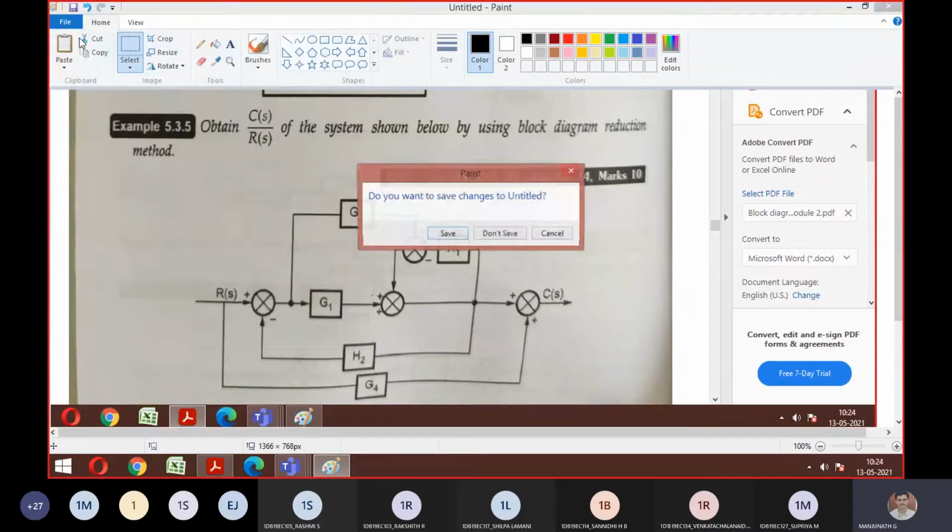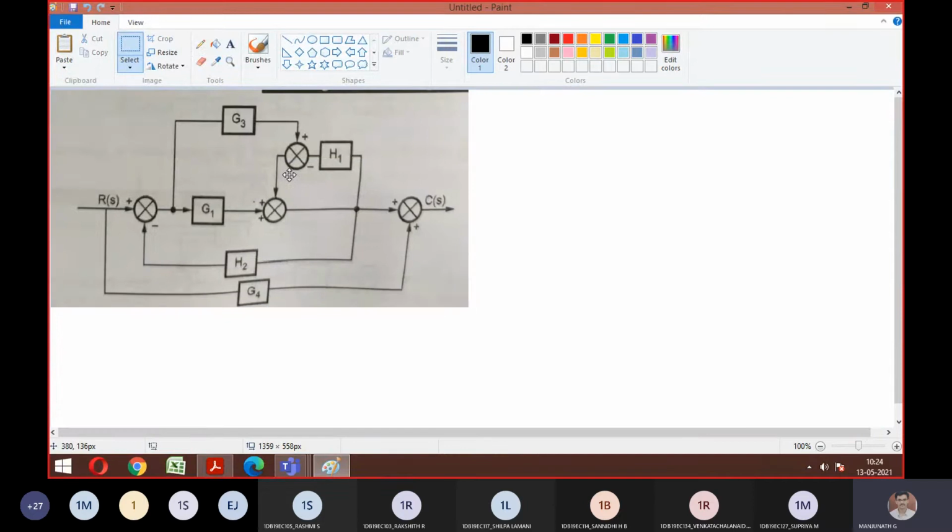They have missed G2. I'll just try to write where it is. So this is the question, okay? So here you have G2. In this block, there is a G2. So this is the complete question now. Okay? Yeah. So now tell me how to solve this problem.